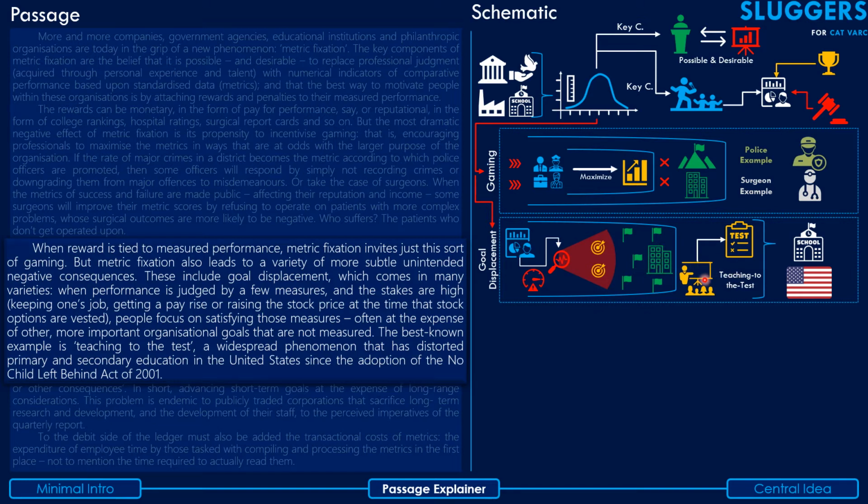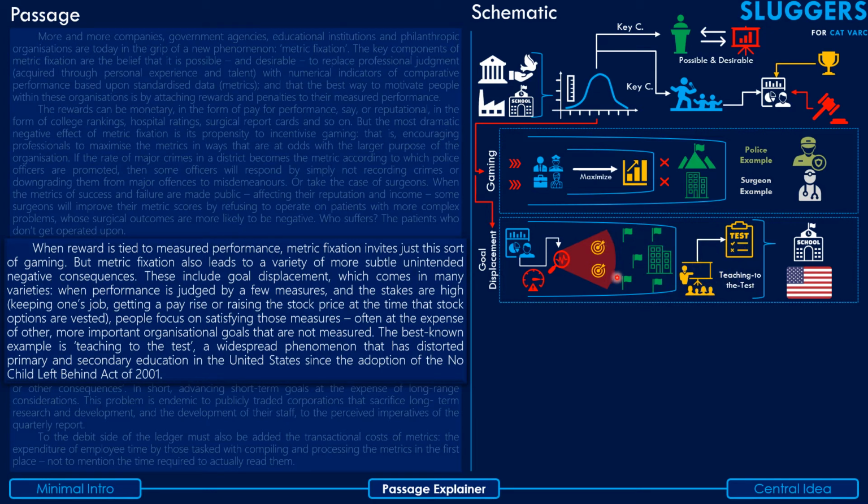And then he's given the example of the teaching to the test phenomenon, right? The metrics of the schools and the staff, the teachers, the principals, everyone there, are mainly based on how many children pass the exam. Their efforts will always be targeted towards having children pass the exam, which is not necessarily the same as the children getting educated or getting quality education, right?